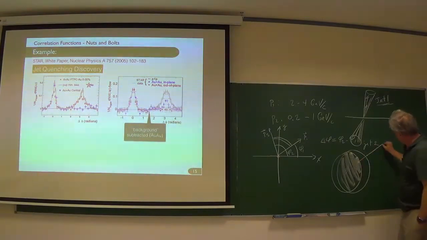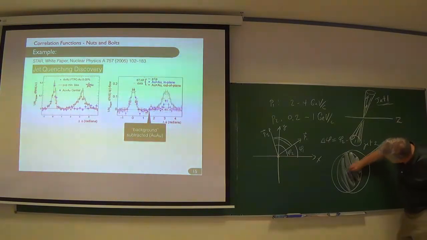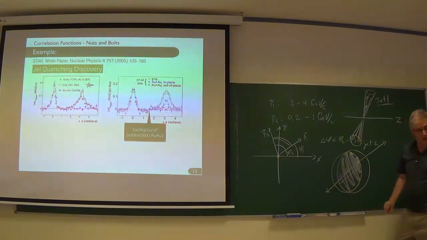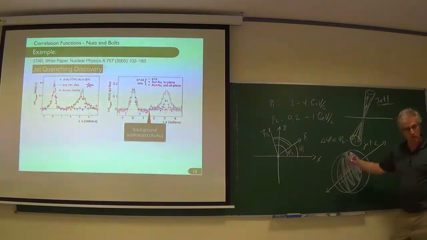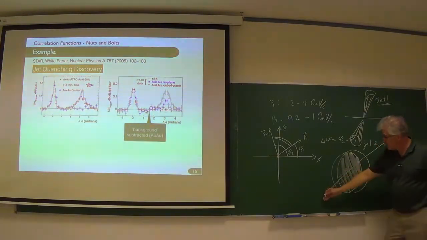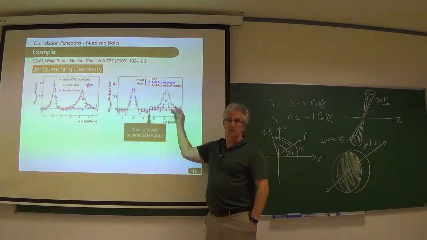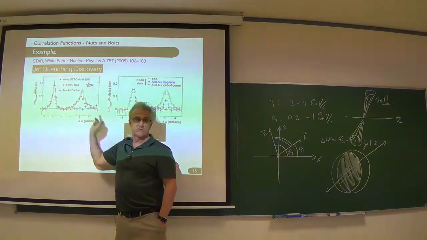If a jet is emitted this way, this jet has very little medium to cross, and therefore is unlikely to be affected by the presence of the medium. If, on the other hand, the other jet going this way has all this medium to go across, as it goes through the medium, it will interact with the medium and can lose energy. And as it loses energy, the cross-section that you measure on the away side will be suppressed, and that leads to the apparent disappearance of the away side.